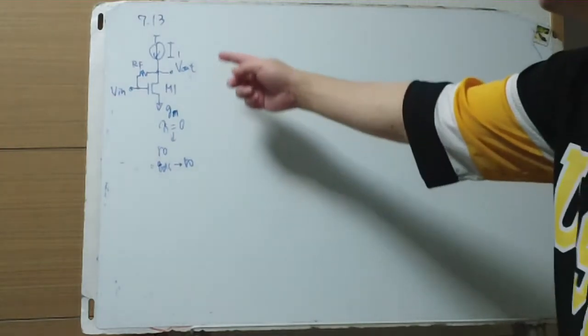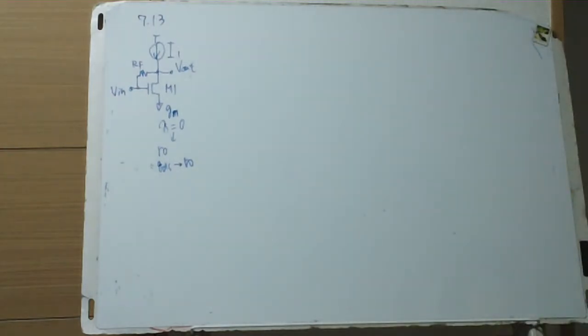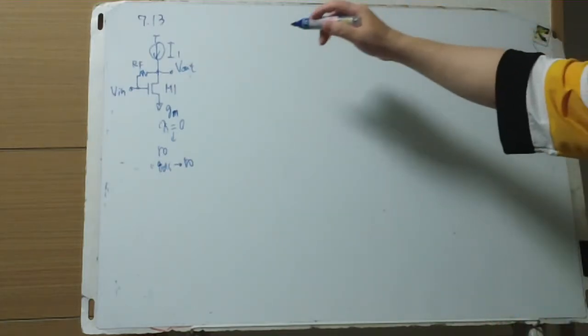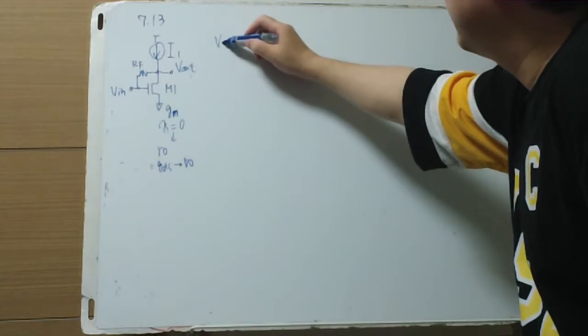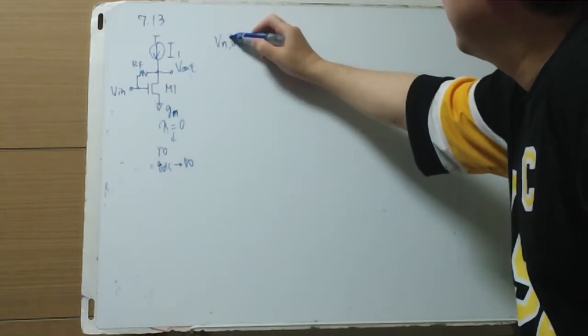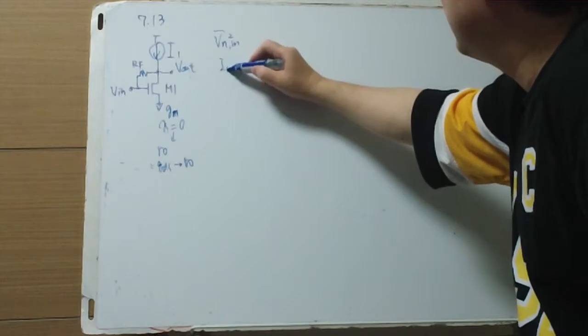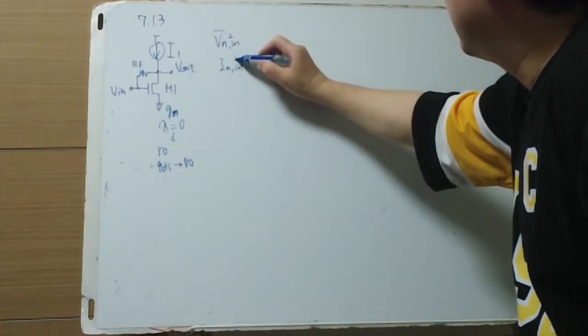In these conditions, what we need to calculate is to derive the expression of the input referred noise voltage and current.